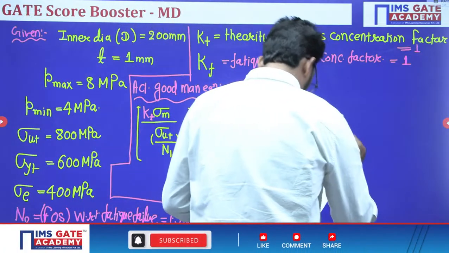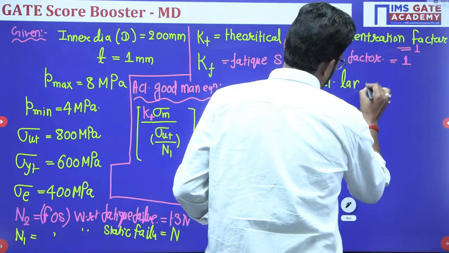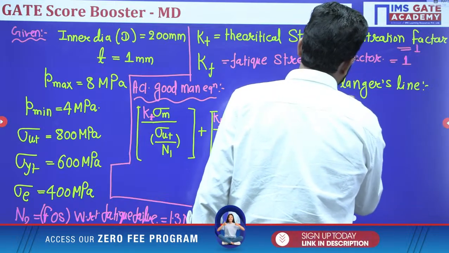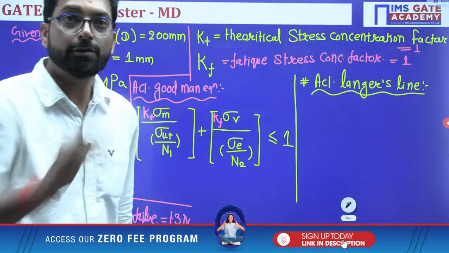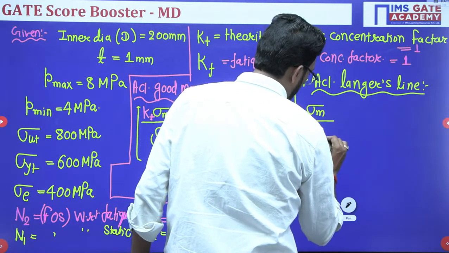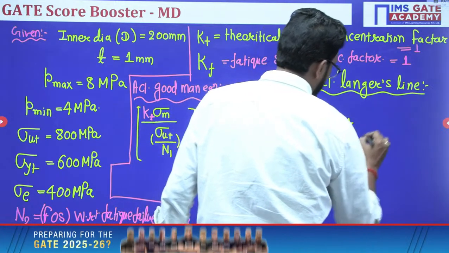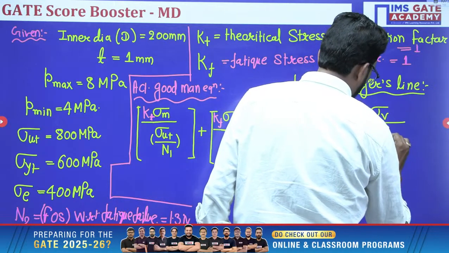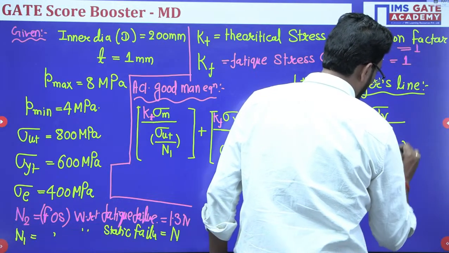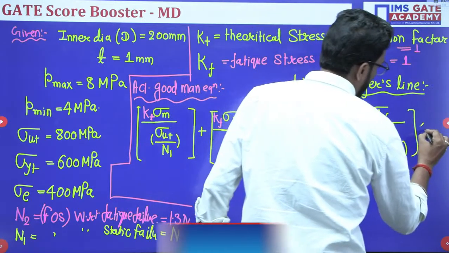Now there is the actual Langer's line, and Langer's line is the connection between the yield strength, beta. So mean stress divided by sigma yt divided by n1, plus sigma v divided by sigma yt divided by n1, less than or equal to 1.